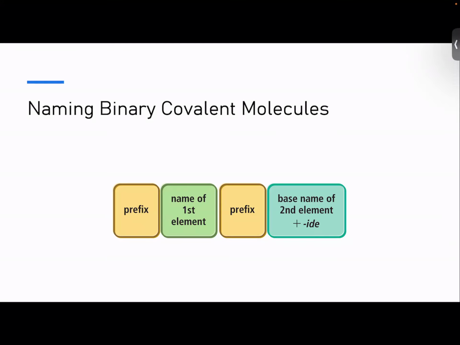When I talk about covalent molecule, do the bonds arise from an electrostatic attraction between a cation and an anion, or do the bonds arise through the sharing of electrons between two atomic nuclei? They arise through the sharing of electrons. So the right-hand side of that periodic table, when two or more elements combine, they combine by sharing electrons.